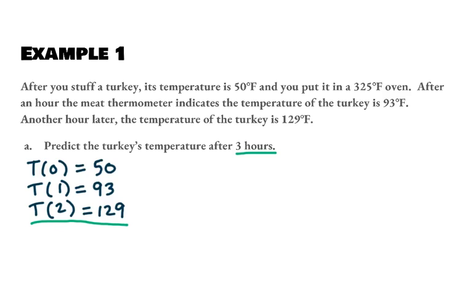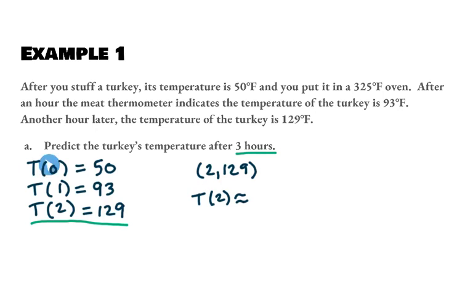So the time at 2 hours is the point I'm going to use. So I'm going to use the coordinate point 2, 129 as our point. And then I'm going to estimate the slope at 2. So whatever x value you use for the point, that's where you estimate the slope as well. And we're going to have to do the average rate of change here.